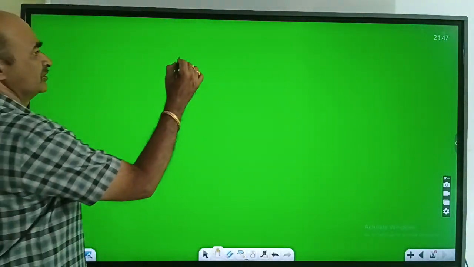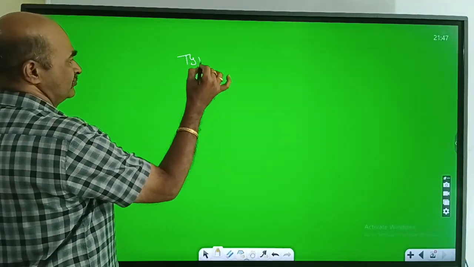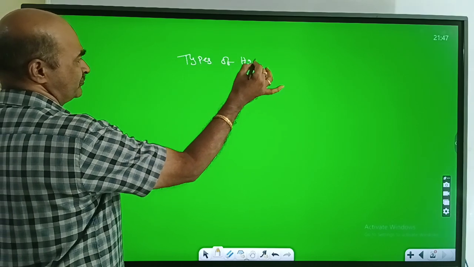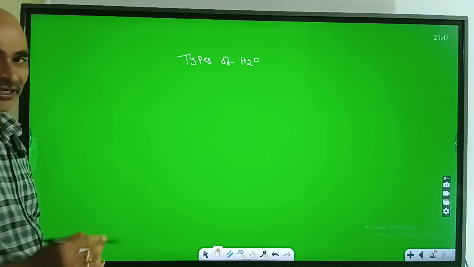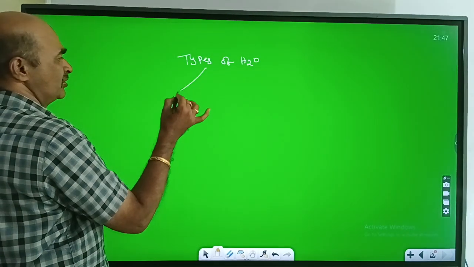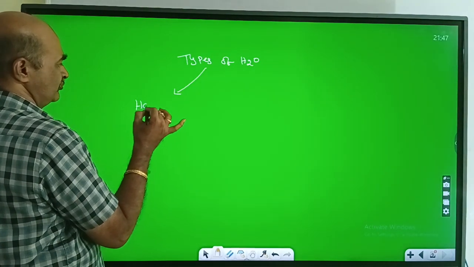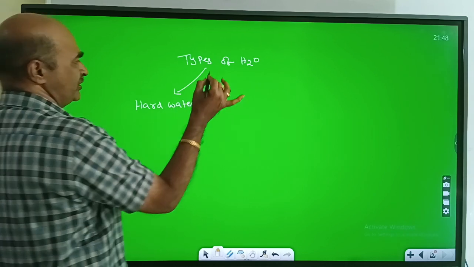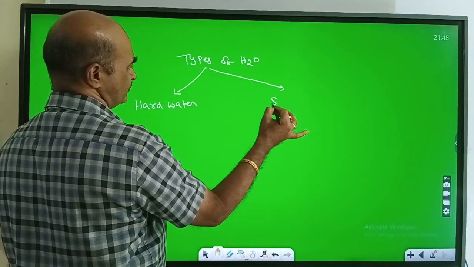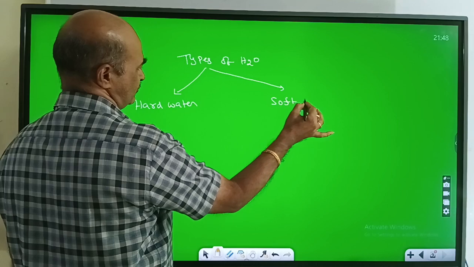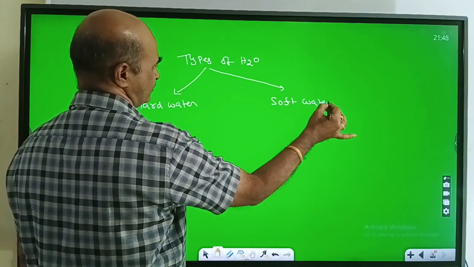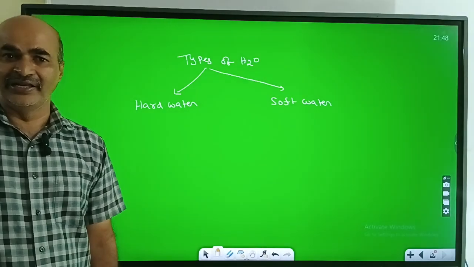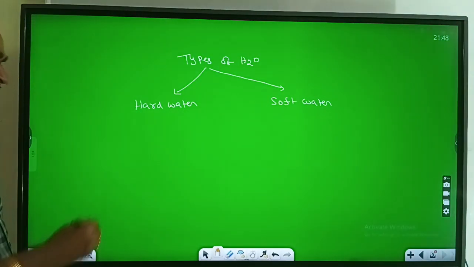Next, types of water. Water is two types. One is hard water, and the second one is soft water. What is meant by hard water? It does not give lather with a soap solution.